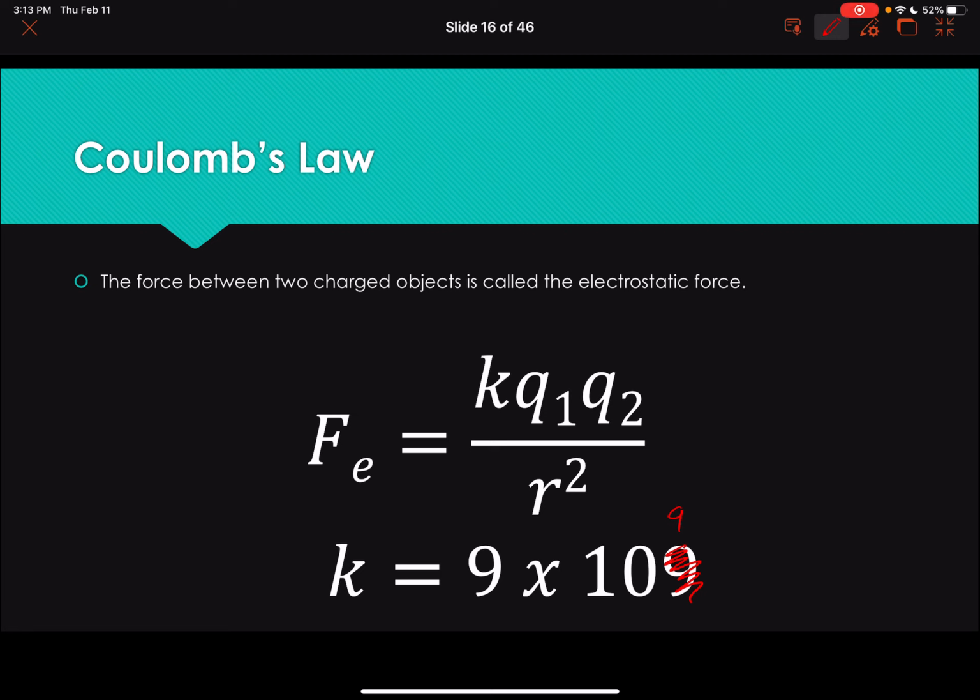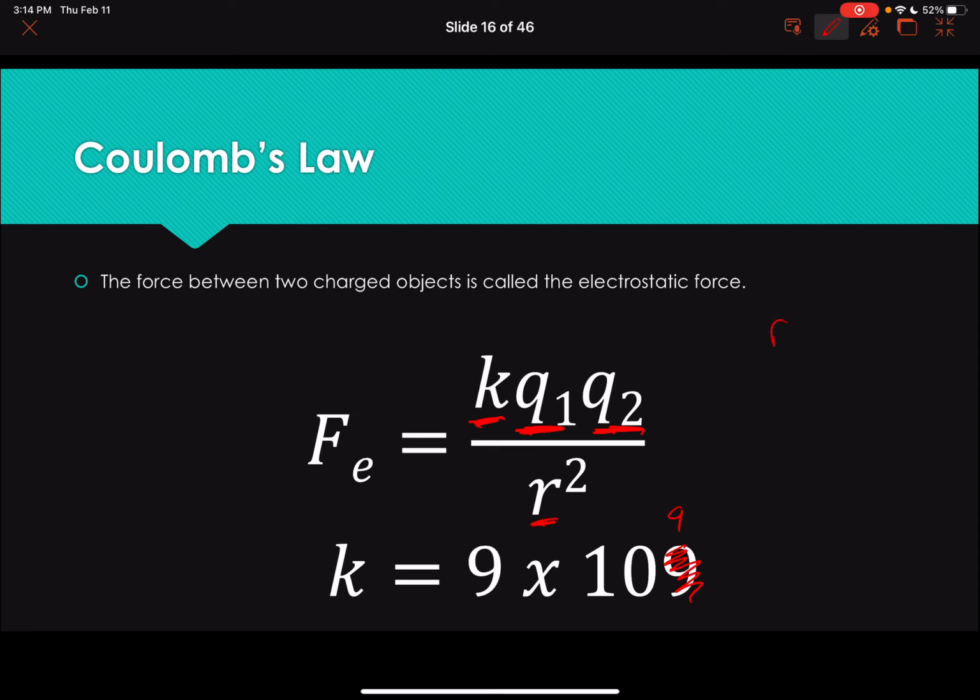And so Coulomb's law says that the electrostatic force, so the force between two charges, we already know that if we had two protons next to each other, they're going to repel each other. Or an electron and proton, they're going to attract each other. Well, that's a force, right? That force is equal to some constant K times the charge of object 1 times the charge of object 2, all over the distance squared.